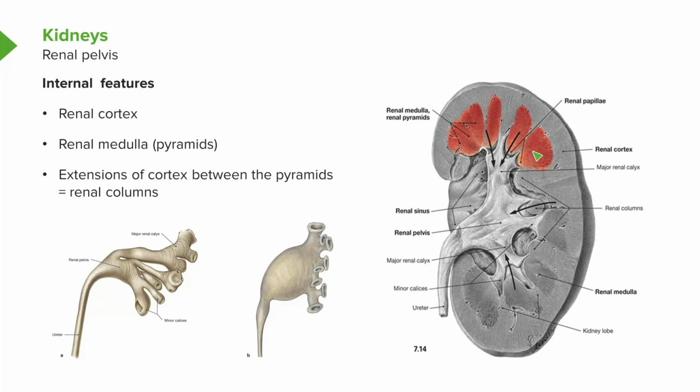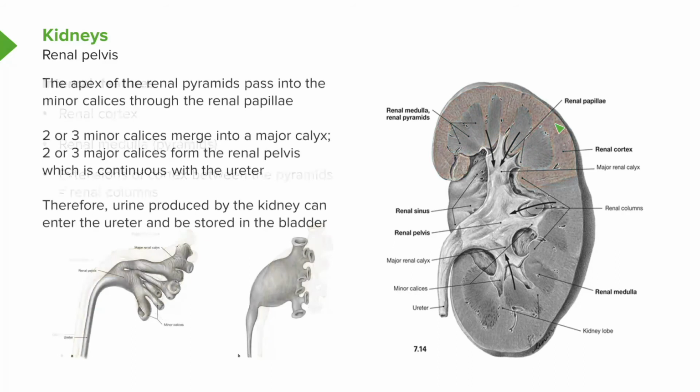This fluid passes through what's known as the renal papilla, and it opens up into a minor calyx. So each of these renal pyramids, which we can see here, separated by a renal column, the renal column being an extension of the cortex in between the pyramids, these will give rise to a minor calyx.